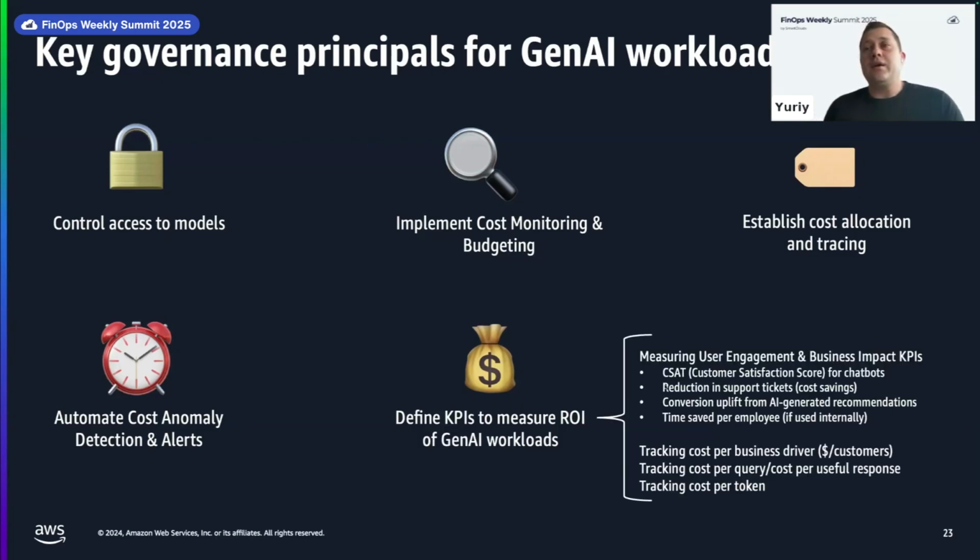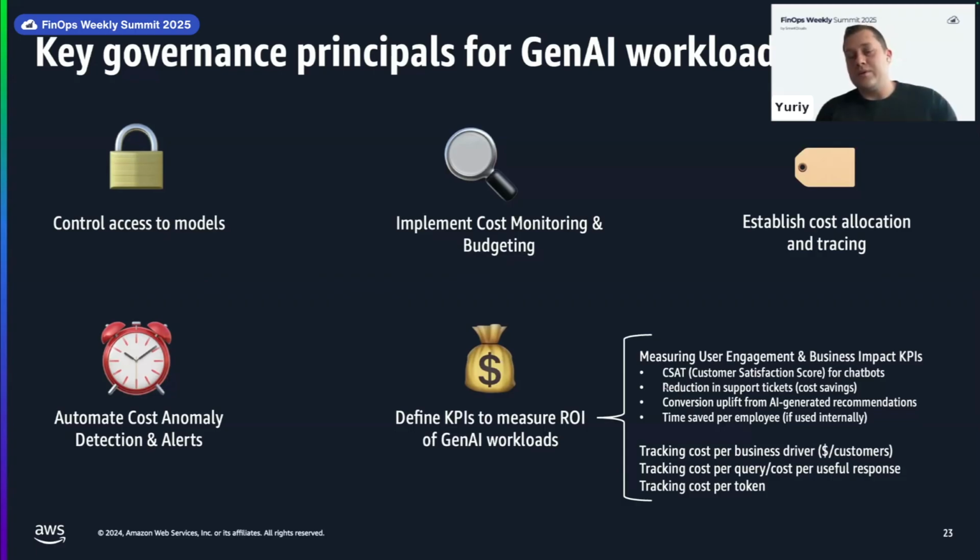And here you can apply different levels of measurement. Track cost per business driver, like unit cost economics. Track cost per useful response. Implement feedback loops in your generative AI applications. Make sure that you can track the cost of a useful response versus the cost of a not useful response.